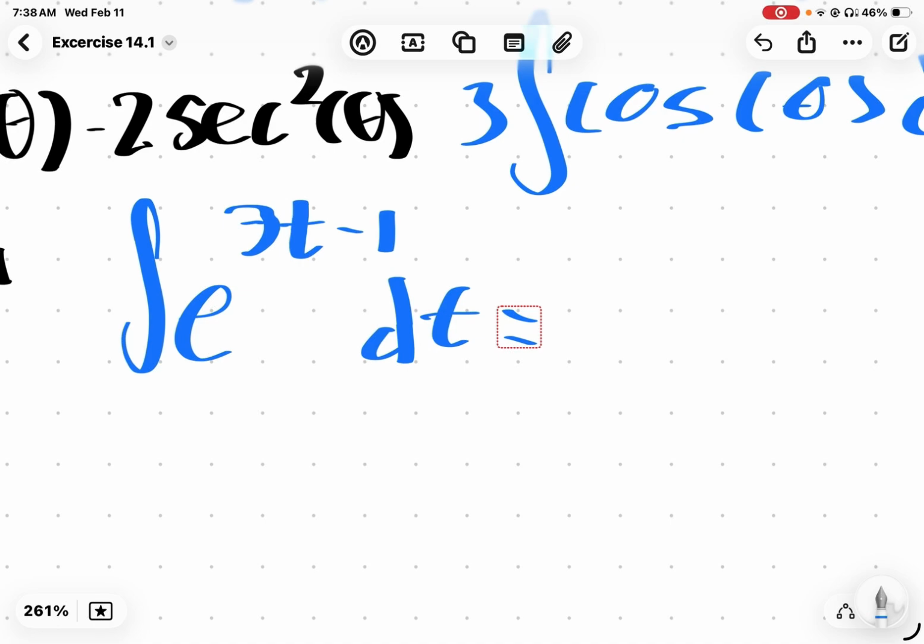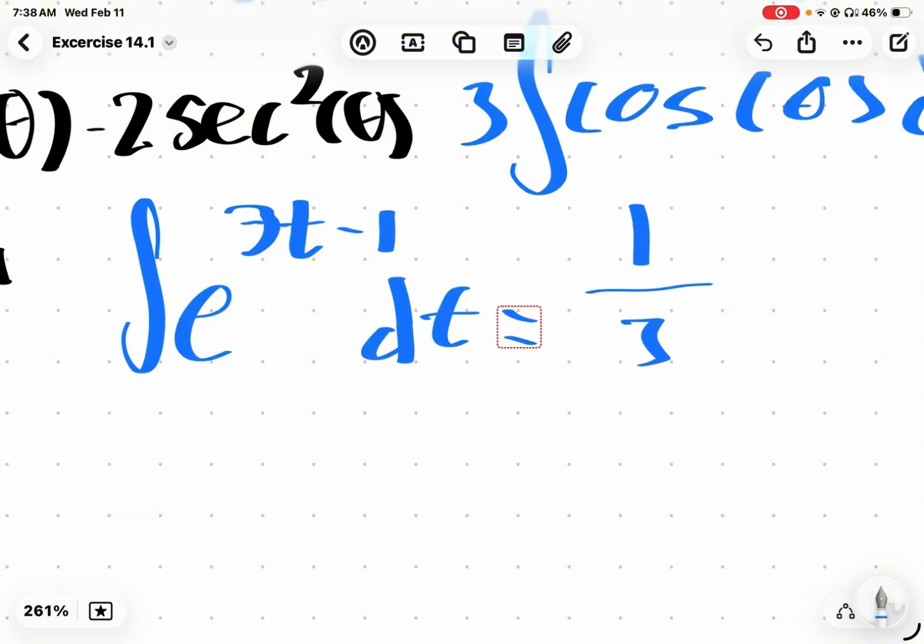The antiderivative of that would obviously just be e to the power of x, but because we have that 3t, the derivative of e to the power of 3t would be 3 times e to the power of 3t because of chain rule.